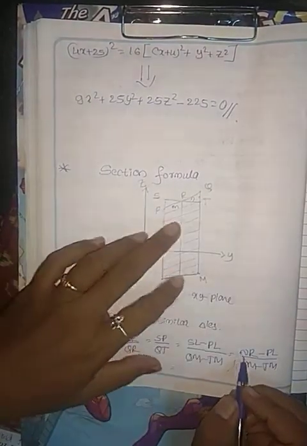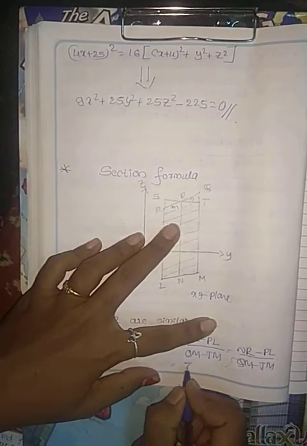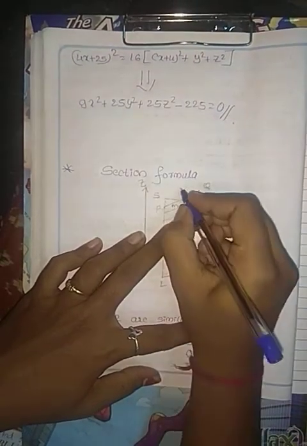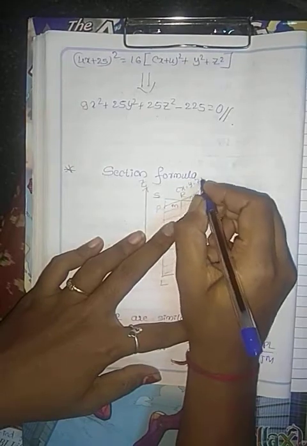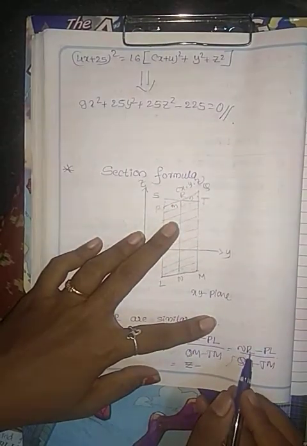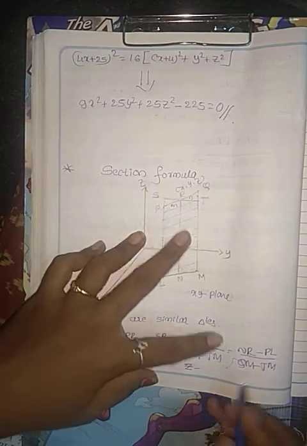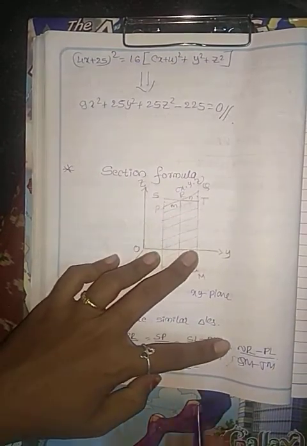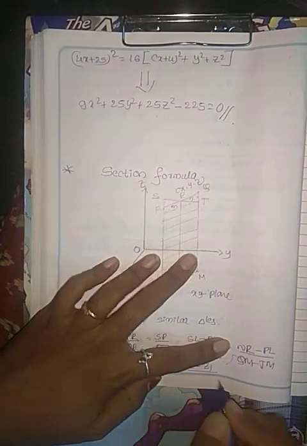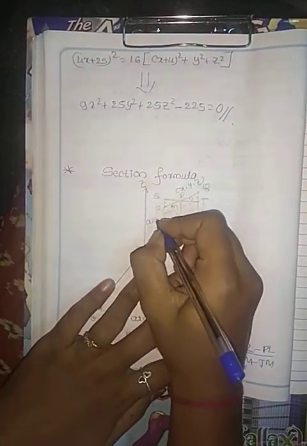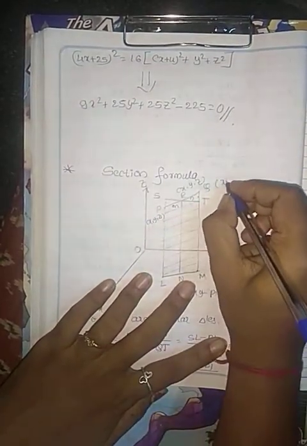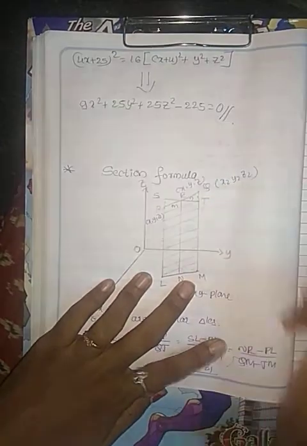So now we can write the value of NR. That coordinate is z because R is x, y, z. Next, PL is nothing but z1 because P is x1, y1, z1, and Q is x2, y2, z2.